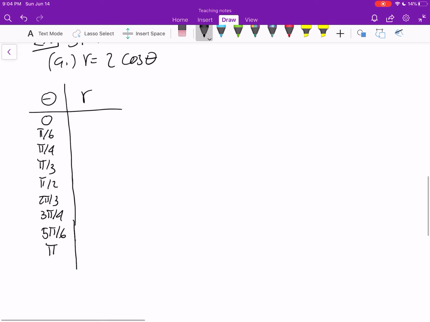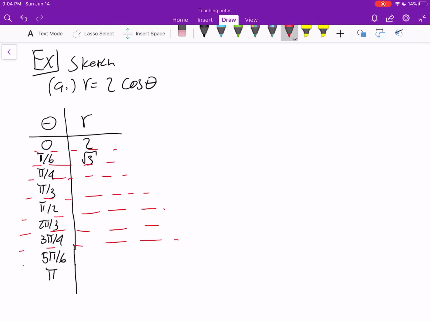So theta equals 0, I get 2 times cosine of 0, which is 2. Pi over 6, cosine of theta is radical 3 over 2, so it's going to be radical 3. Let me make rows here, not enough room for some of those, but we'll make it work.